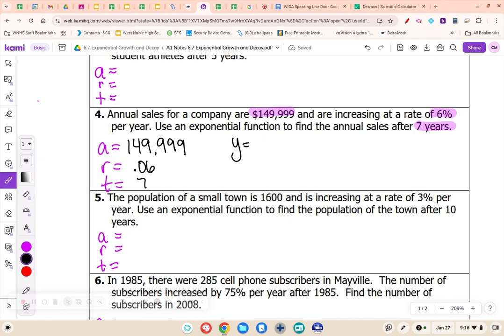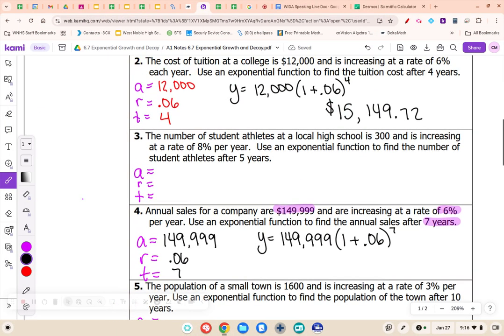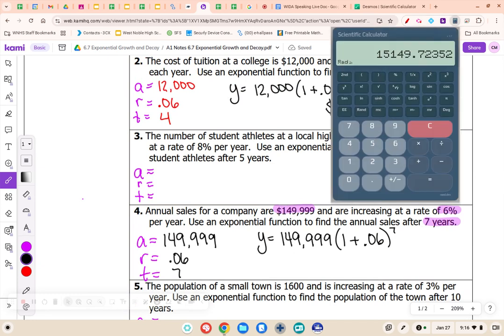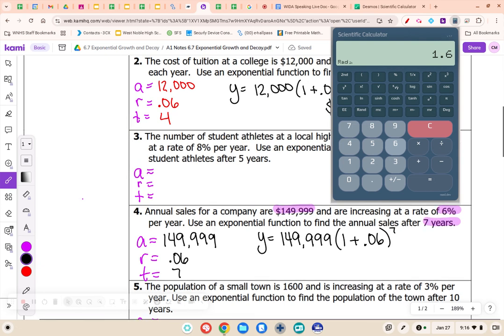Now we plug in our information. We have y equals our initial amount times 1 plus our rate to the power of time. Plug into my calculator again. I know this is 1.06, so I'm going to skip the step of doing the addition.